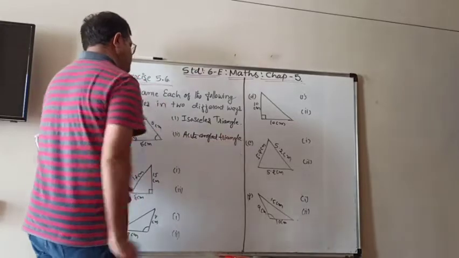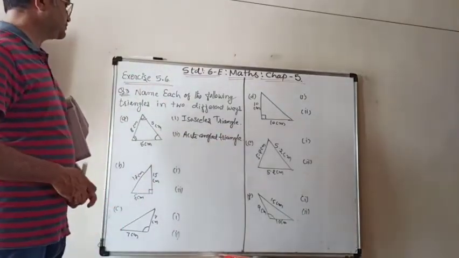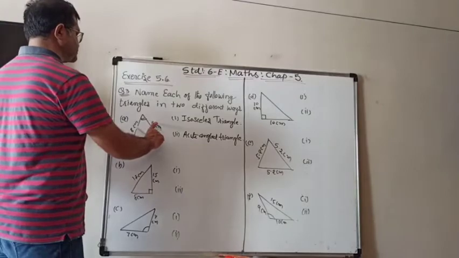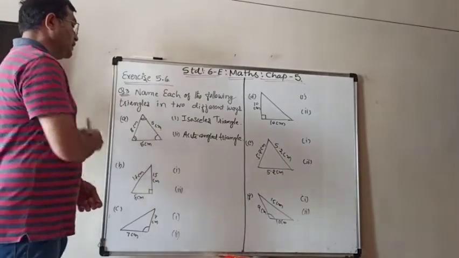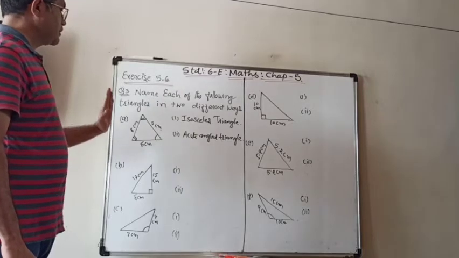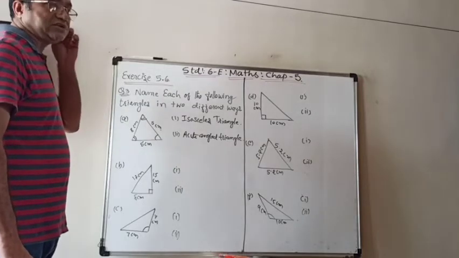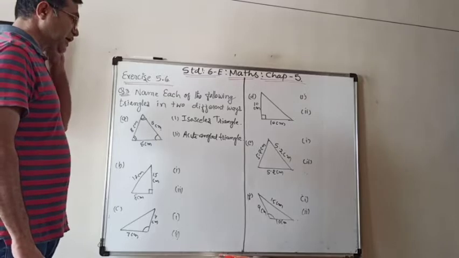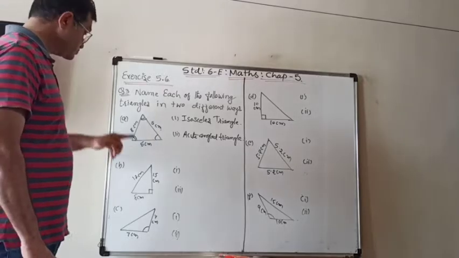So by 2 ways we wrote down the name. One is isosceles because 2 sides are equal, and we can see that all the angles are acute angles. None of them is more than 90 or 90. So it is an acute angled triangle also.